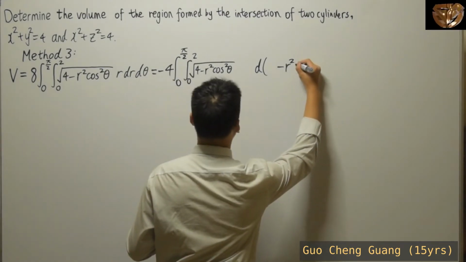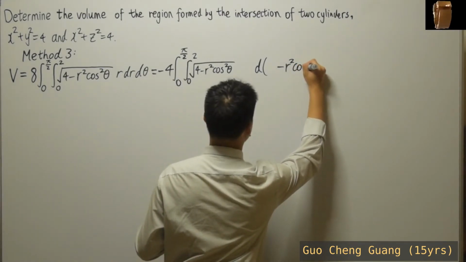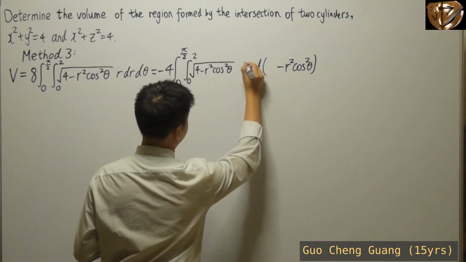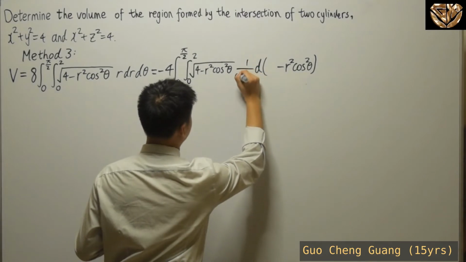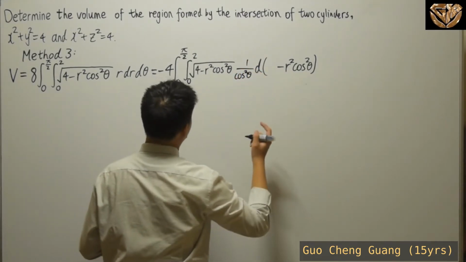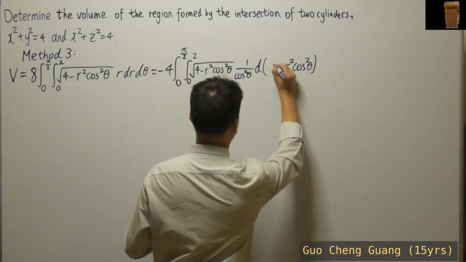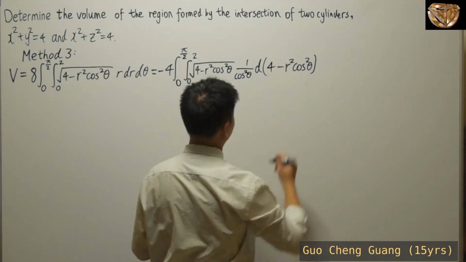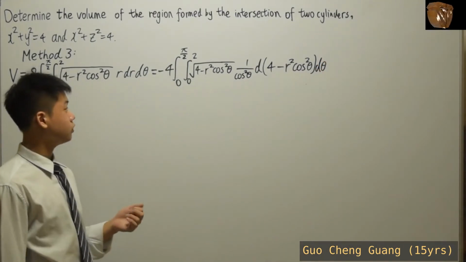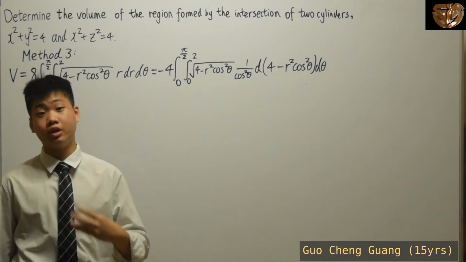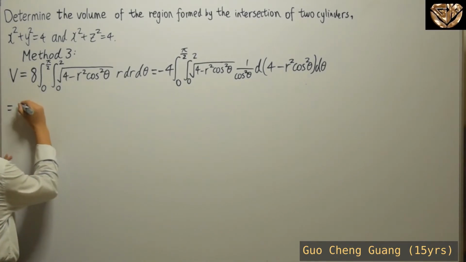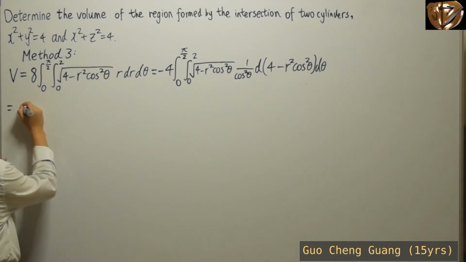Of course we are going to need cosine squared theta here, which means you have to divide by a cosine squared theta in front. And before here, you can just have a 4. Afterwards, you just have d theta. Right, so this is now the kind of integration we have, and we will just have to integrate this.